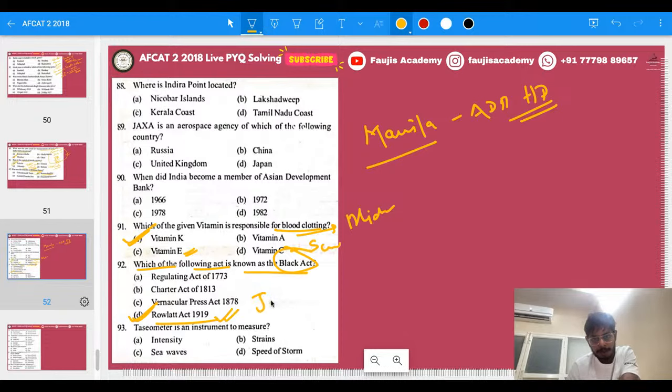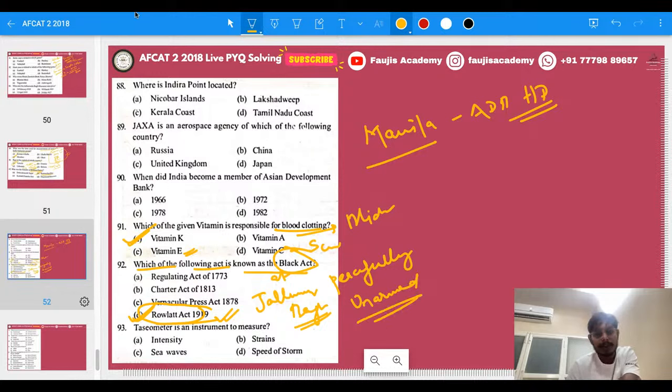People wanted to protest against the Rowlatt Act at Jallianwala Bagh peacefully, unarmed. But they faced a barrage of bullets.